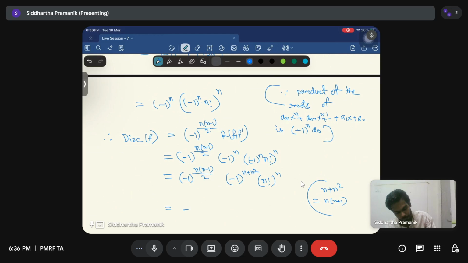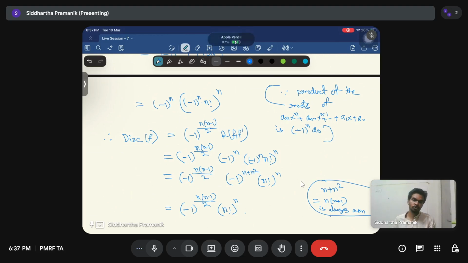So we have minus 1 power n times (n minus 1) divided by 2, times n factorial whole power n. This will be the discriminant of the polynomial. So using the formula for the resultant, without knowing the roots, we have computed the discriminant of this polynomial.